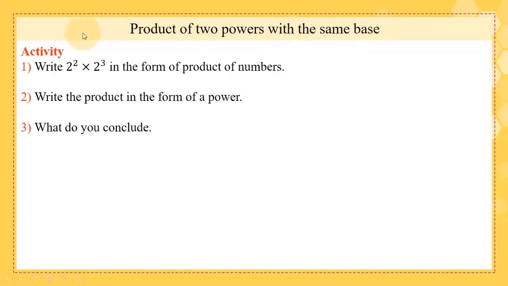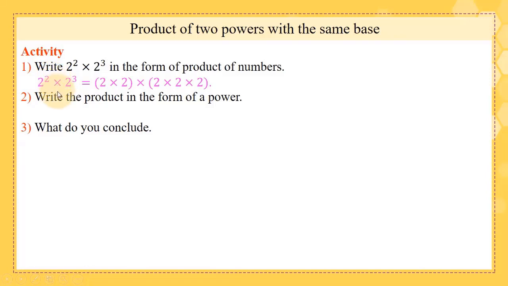Product of two powers with the same base. Activity. Write 2 exponent 2 times 2 exponent 3 in the form of a product of numbers. Then write the product in the form of a power. Then conclude. Please pause the video to solve the activity.